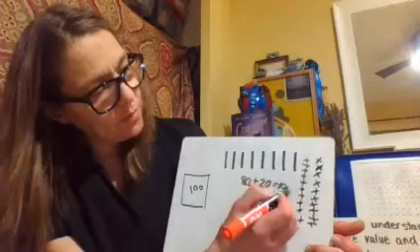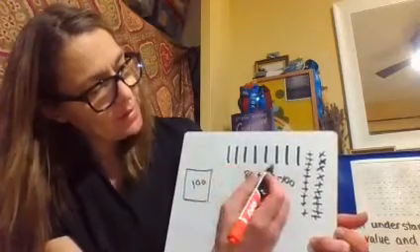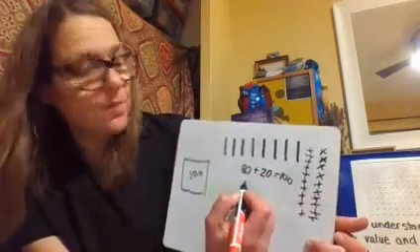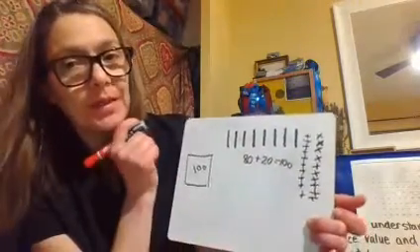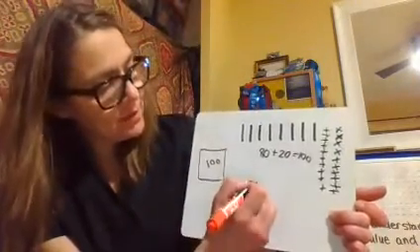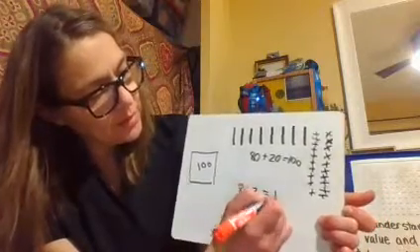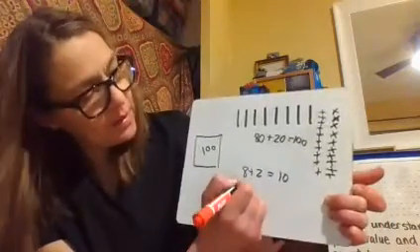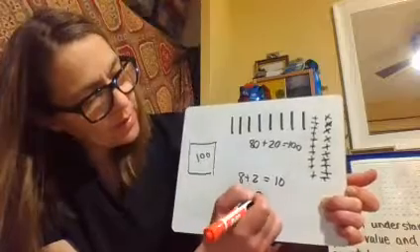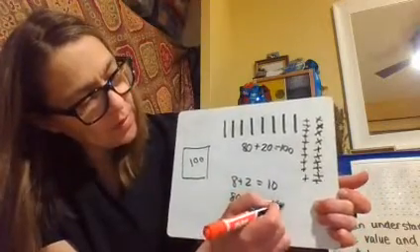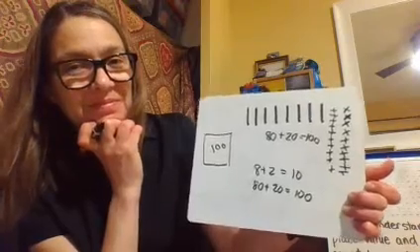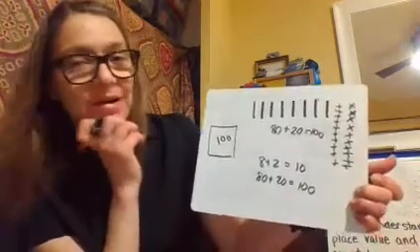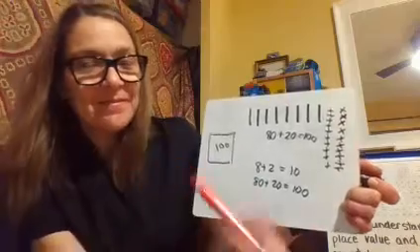So I know that 8 tens equals 80, and 20 ones equals 20. And since 8 plus 2 equals 10, then 80 plus 20 must equal 100. Okay? And that's how I explain my thinking.